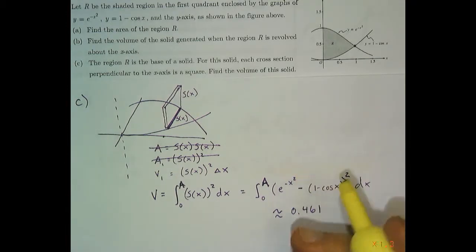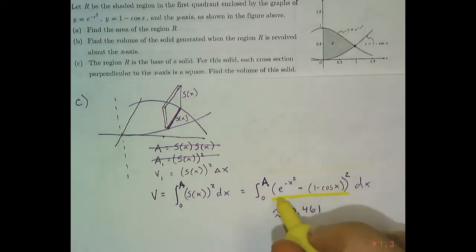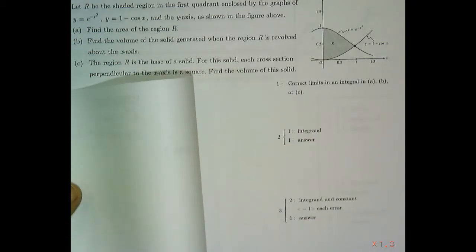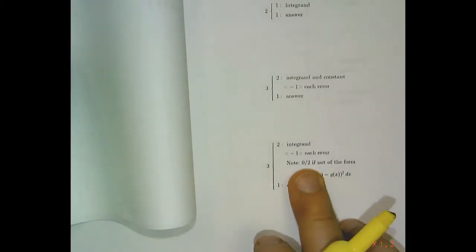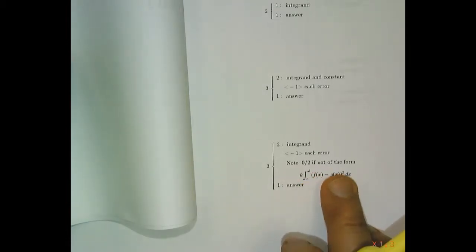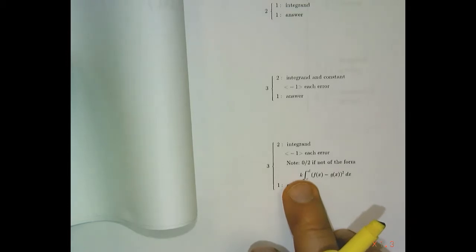The first 2 points come from having the correct integrand, and then the third point comes from having the correct answer. And they make a note here that 0 of 2, if not of the form one function minus the other quantity squared times a constant.